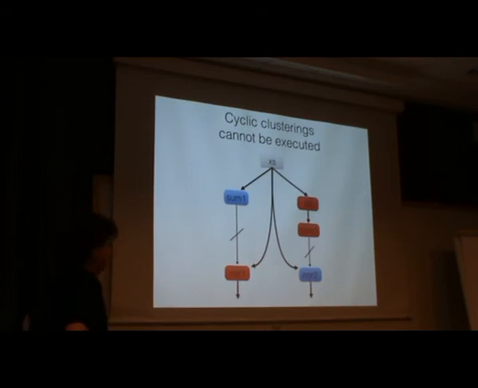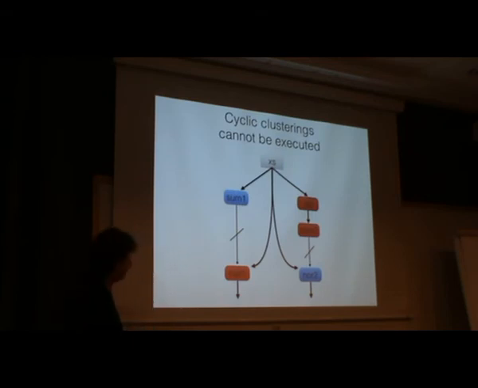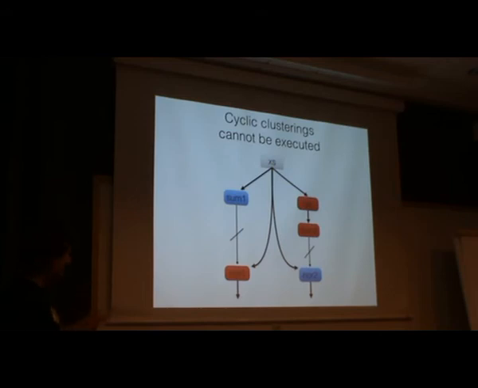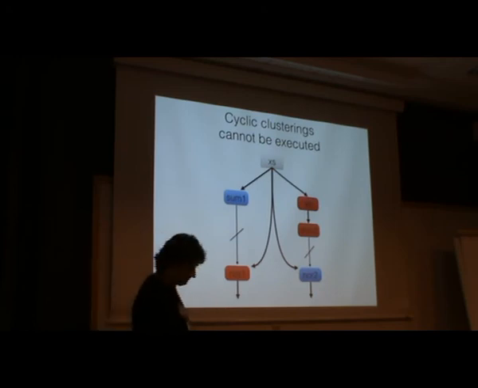So what we need to do is restrict it to only allow acyclic clusterings. And how we do that is by adding a new variable to each node, which is the index in the topological order of the cluster that node is in.